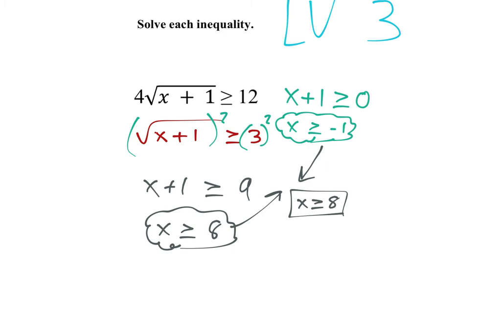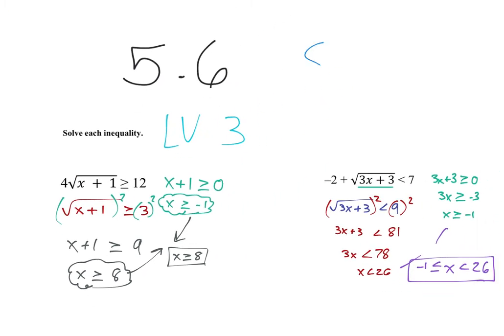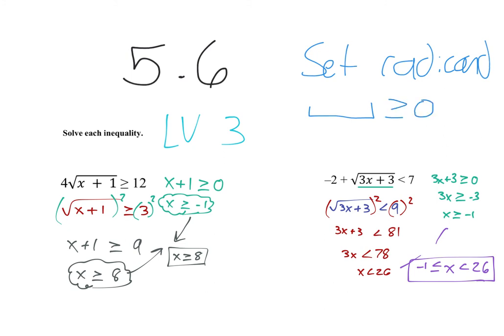But the second component that we had to do is we had to set the radicand up, which is the values underneath the square root sign, greater than or equal to 0, because we're not allowed to have a negative number up underneath that square root sign.